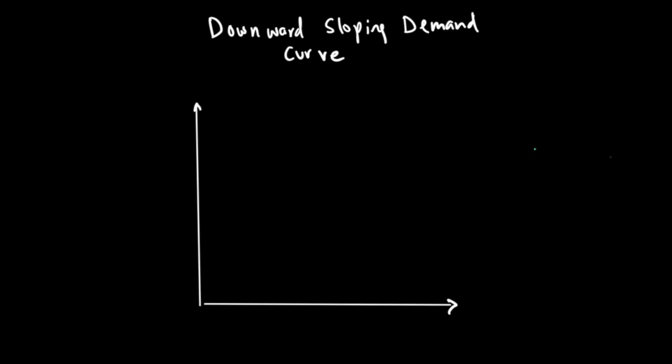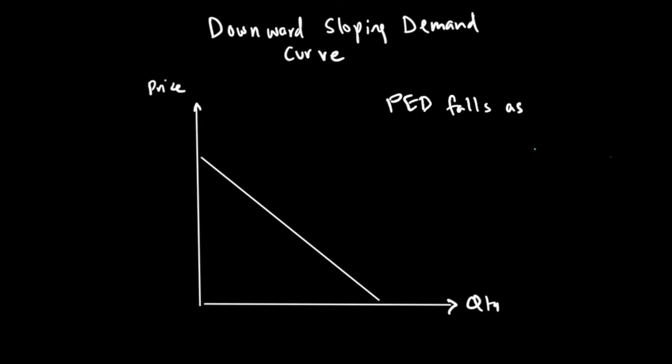In the case of a linear downward sloping demand curve, we actually say this, that when you look at elasticity of demand for a linear demand curve, so let's make a linear demand curve like this one. If I have a linear downward sloping demand curve, then PD falls as quantity rises.